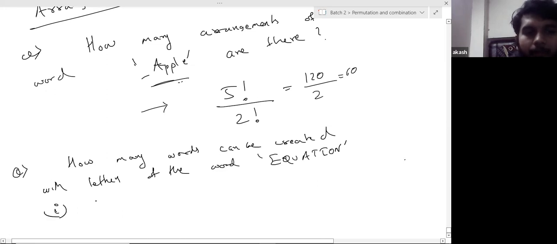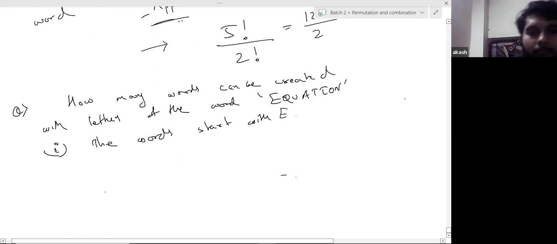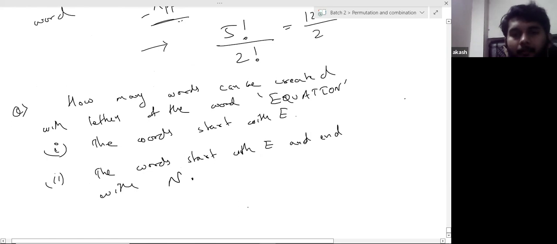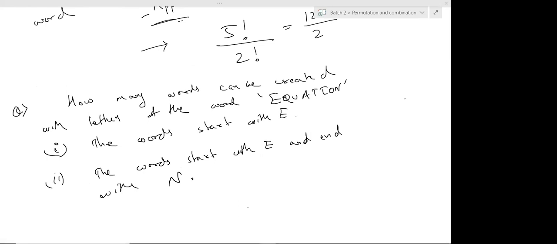The first part, the words start with E. The words start with E and end with N. All right. Solve this question. Send me the answers.